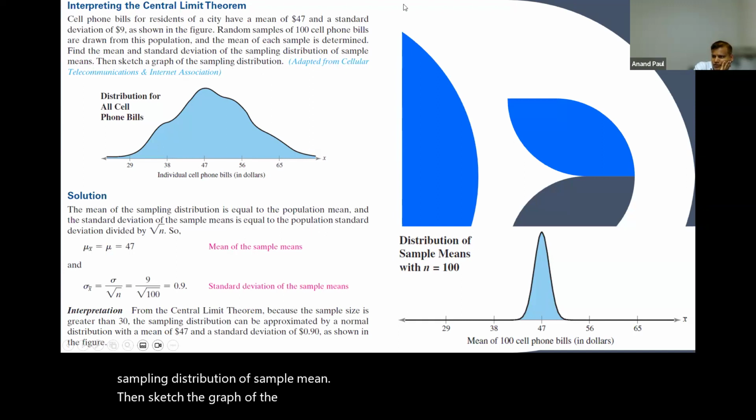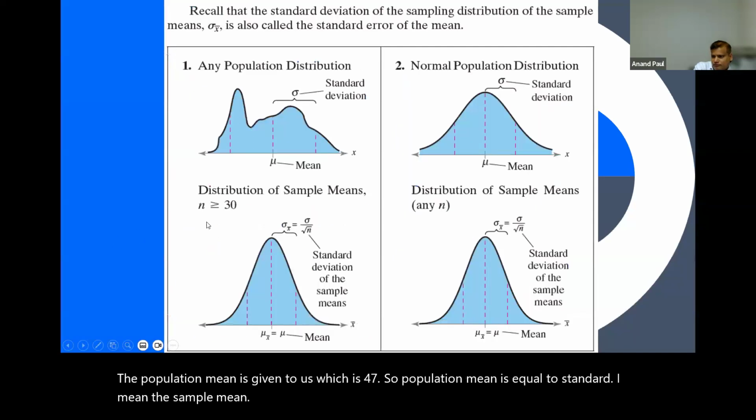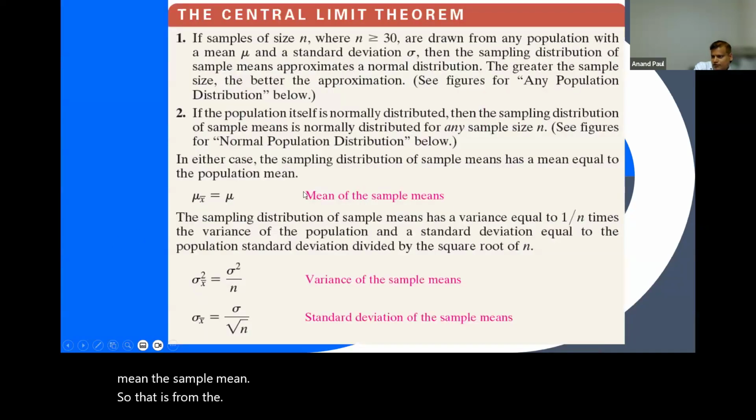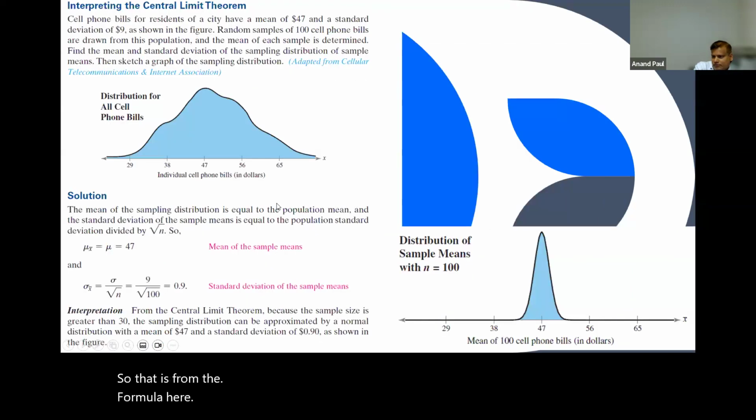So from this problem, we know that the population mean is given to us, which is 47. So the population mean is equal to the sample mean. So that is from the formula here. Sample mean and population mean are the same. So that is 47 in this case. And we are asked to find the standard deviation of the sample mean.